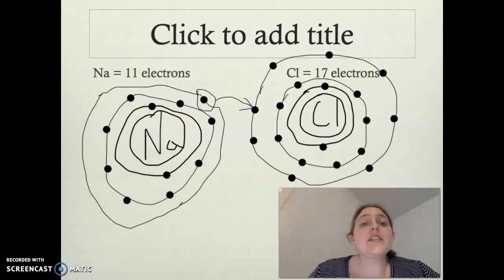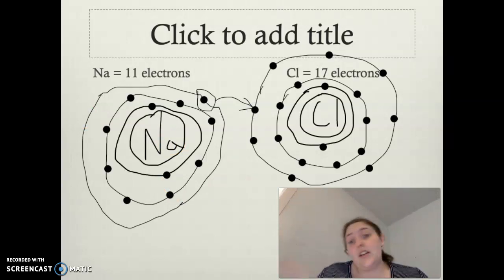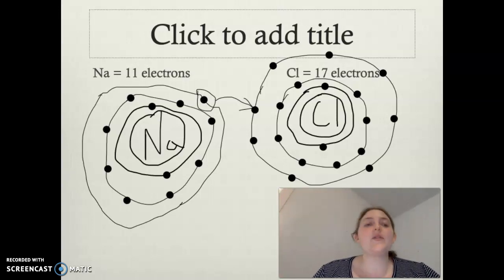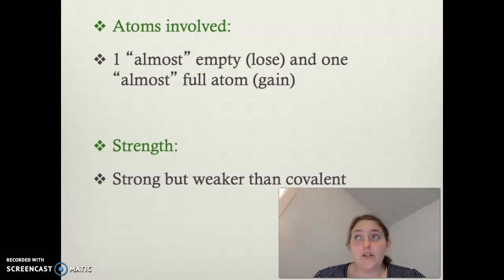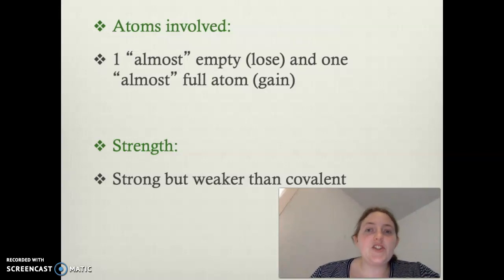And now both are content because sodium's outer shell is now the second one and it's full. Chlorine has 3 outer shells, all full. They're both content. This is usually only the case when you have an almost empty and an almost full atom. This is a strong bond, but definitely not as strong as that sharing covalent bond.